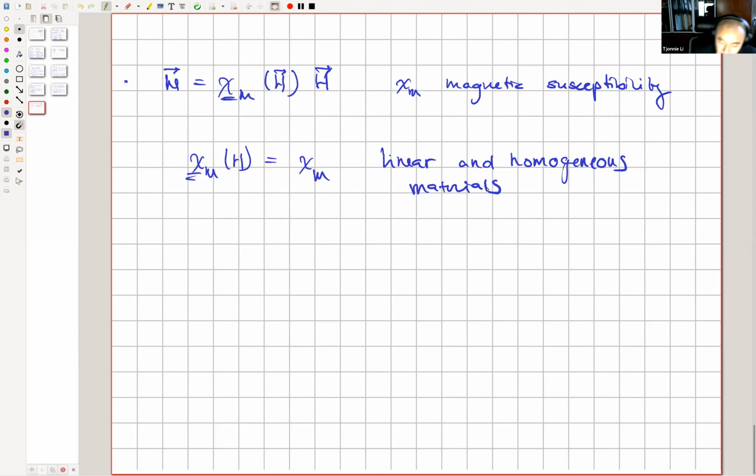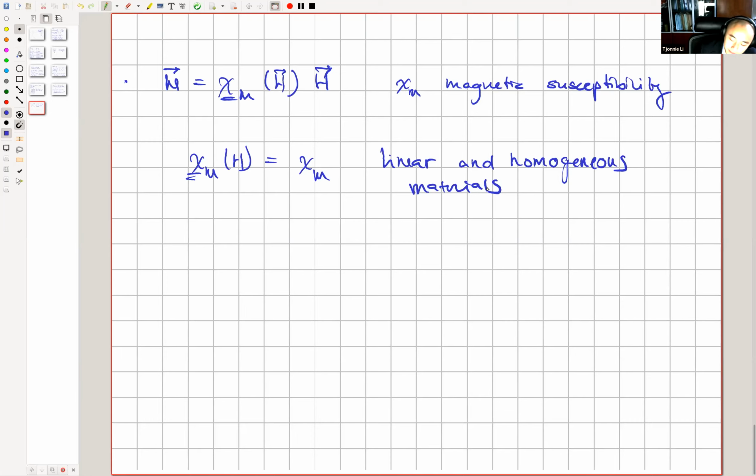It is a good approximation, but two, it is also one that allows us to make calculations, to find solutions to the field equations in a relatively simple manner. So that's why we consider these so-called linear and homogeneous materials.